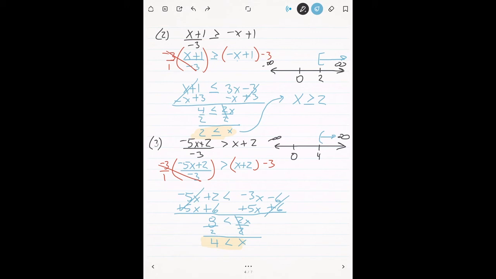Now the same thing I'm going to do right here. x is greater than 4. Again, the symbol was opening up towards the x, meaning that the x is the larger quantity. So we have x still being the larger quantity here. It's greater than 4. Now, if we wrote this in interval notation, we would say, okay, we need a low bound and we need a high bound.